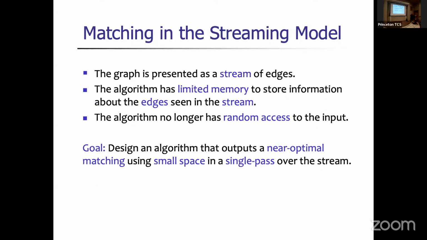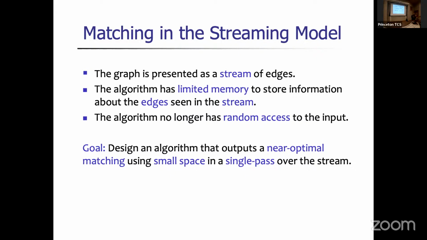Okay, so let me start by saying a little bit about what's known about this problem in each of these two models. Let's start with the streaming model. Here the input graph is presented as a stream or a sequence of edges. The algorithm sees the graph revealed in this sequence, but it has limited memory, typically distinctly smaller than the space needed to store the entire graph.